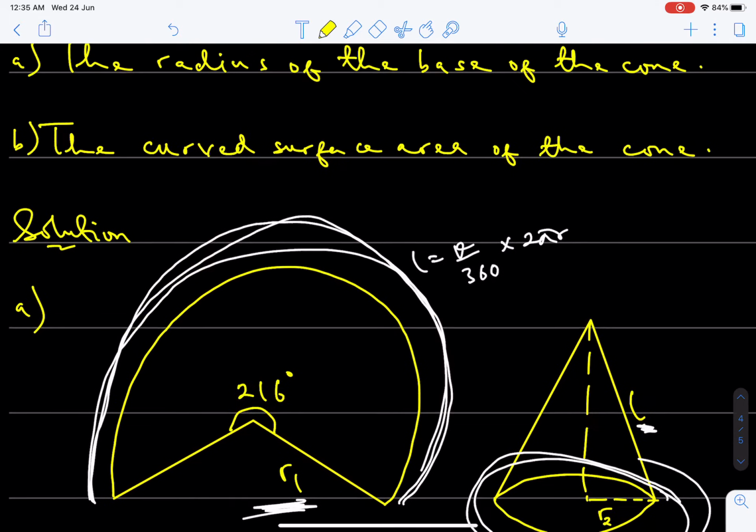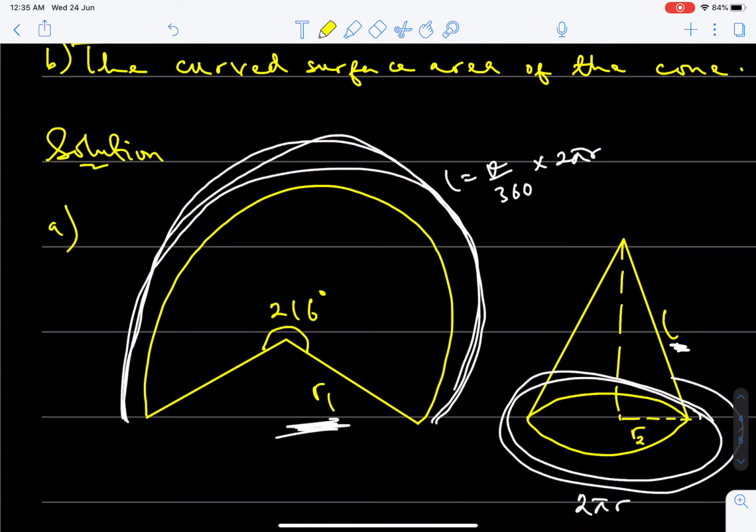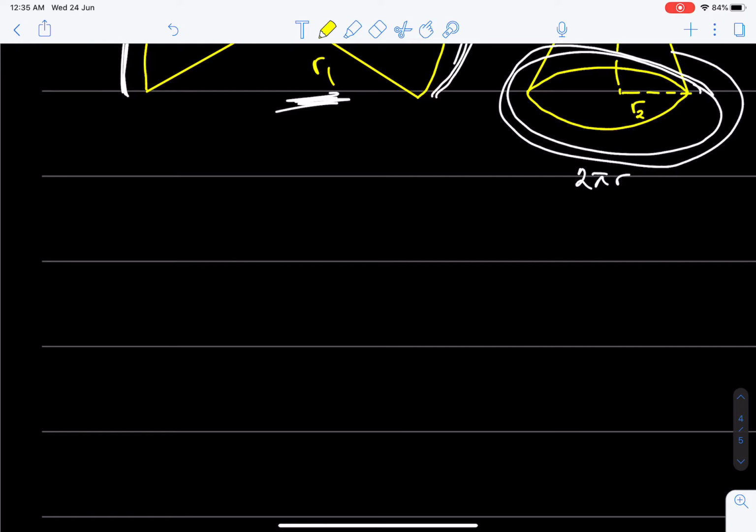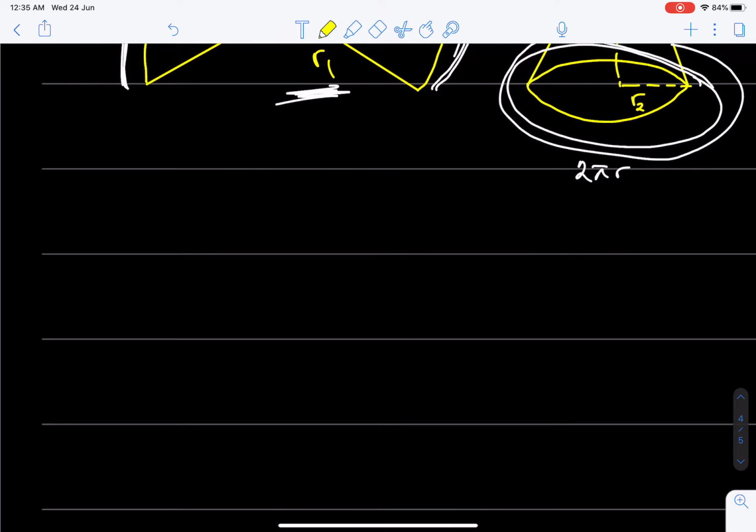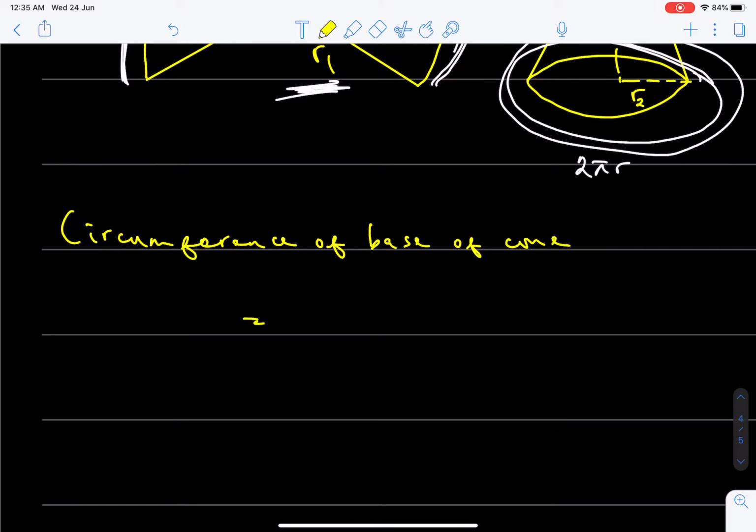Here we are asked to find the radius of the base of the cone. So the circumference of the base of the cone equals the length of the arc of the sector.